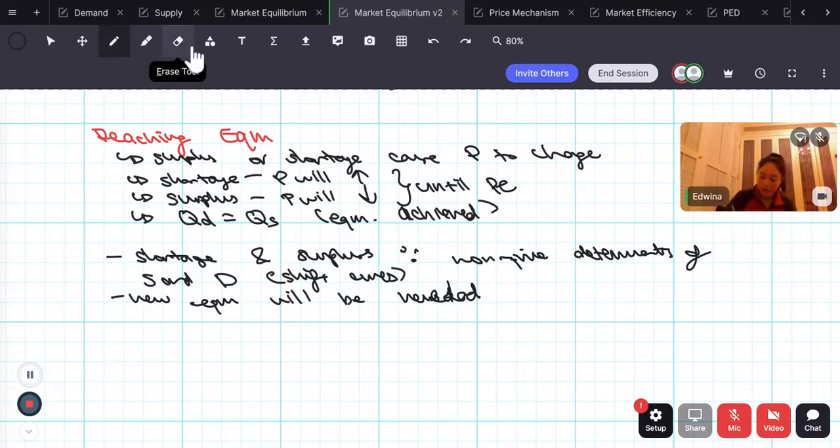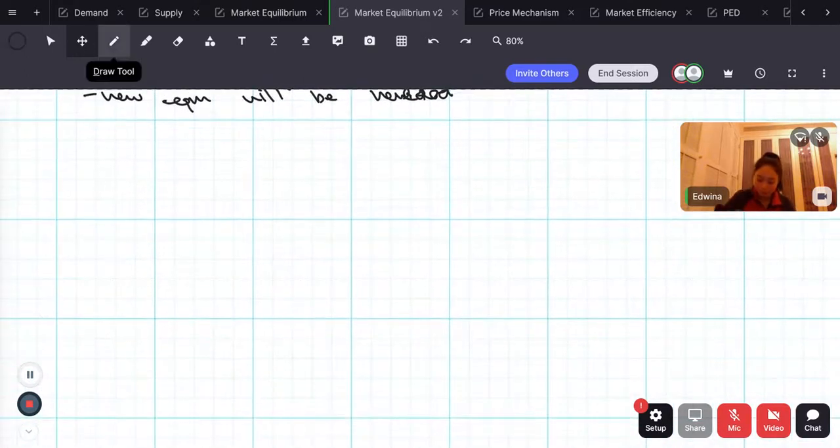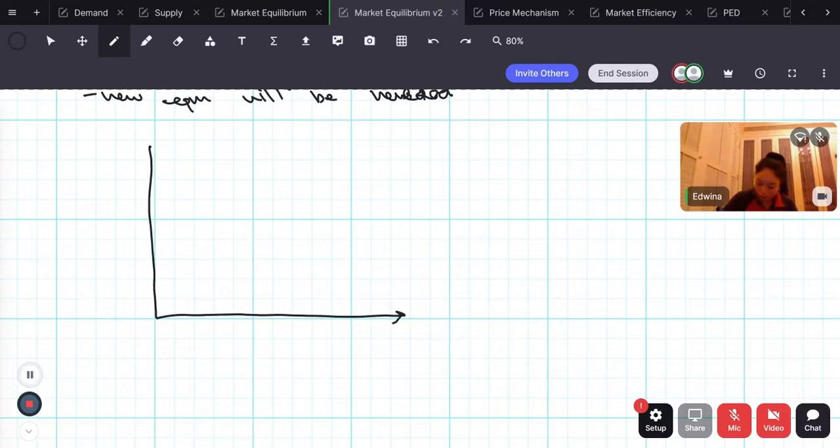And so let us illustrate this using an example. So let us draw a graph using an example. And let's say it is the quantity of jackets, and therefore it's against the price of jackets on the y-axis.